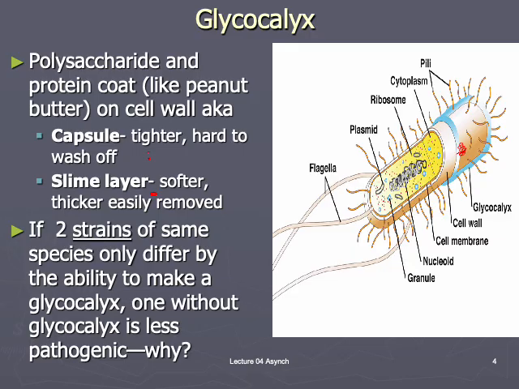Why does the glycocalyx enable a bacterium to cause more damage, and therefore, if it doesn't have one, it's less harmful? Well, we have to look at what a glycocalyx does to understand that.